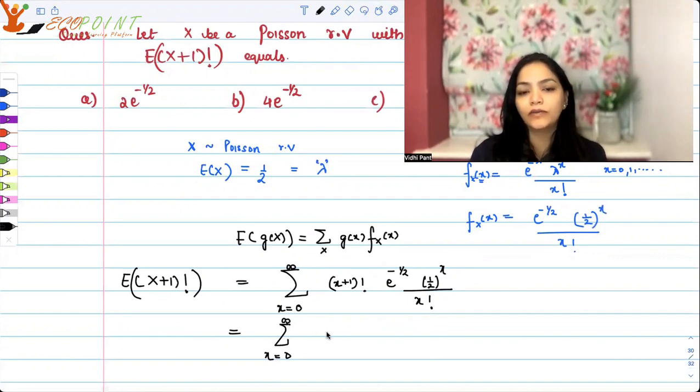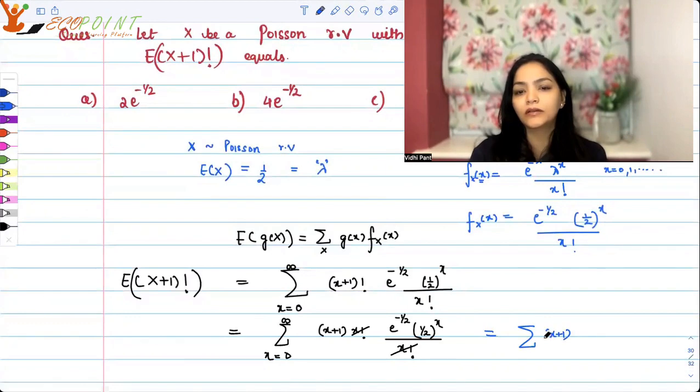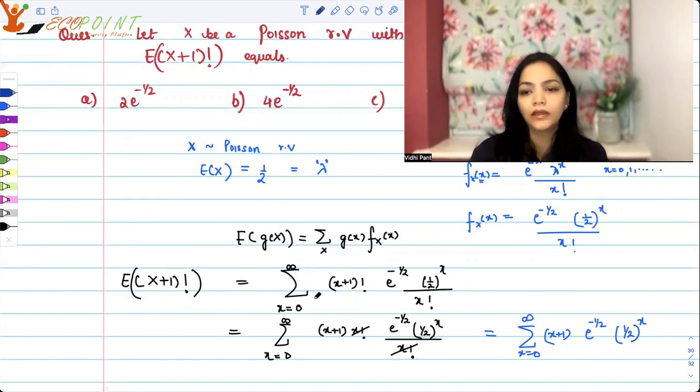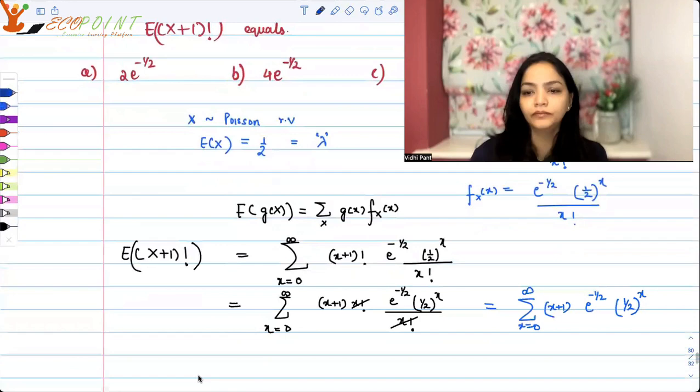We know that (x plus 1) factorial is basically (x plus 1) times x factorial. So x factorial cancels, and what we get is the summation of (x plus 1) e to the power minus half, half to the power x, where x is 0 to infinity.